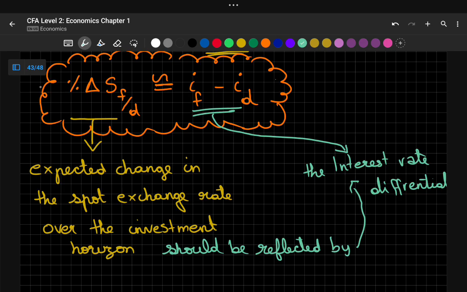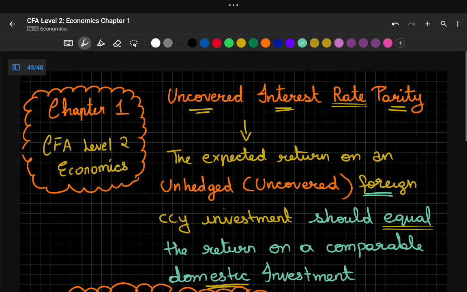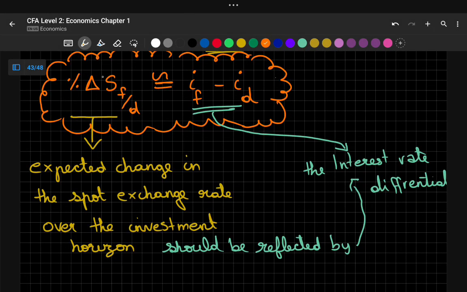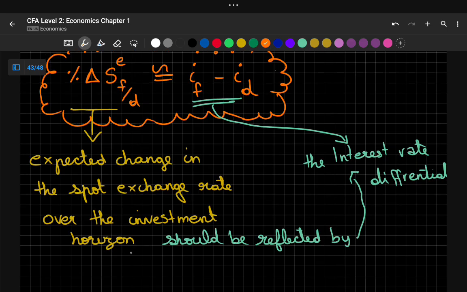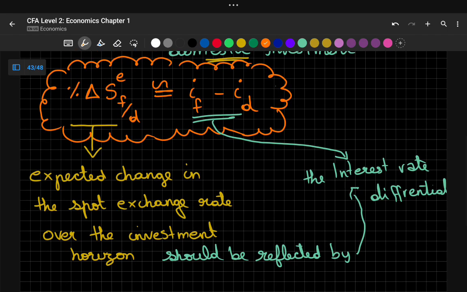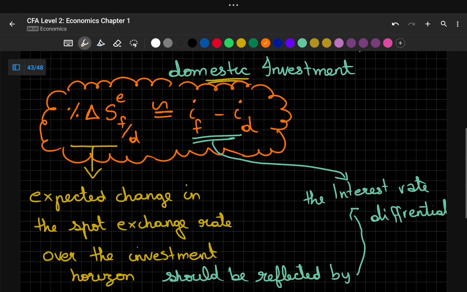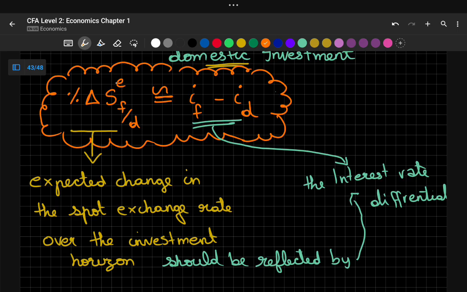So this is a very important equation, and it says that the expected change in spot exchange rate over the investment horizon should be equal to the interest rate differential of foreign currency and domestic currency. I had forgotten to write the expected symbol. So above the spot exchange rate change, if I put an E, it means that it is the expected spot exchange rate change. Okay.